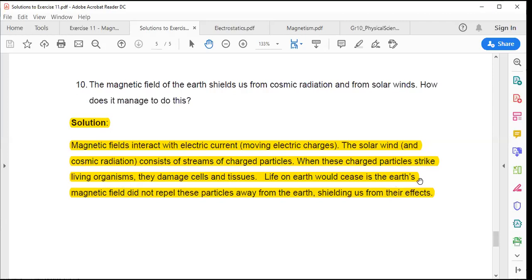Life on Earth would cease if the Earth's magnetic field did not repel these particles away from the Earth, shielding us from the effect. So basically, since the solar wind is made up of charges, and the magnetic field does interact with charges, as they approach the Earth, the magnetic field repels them, right?